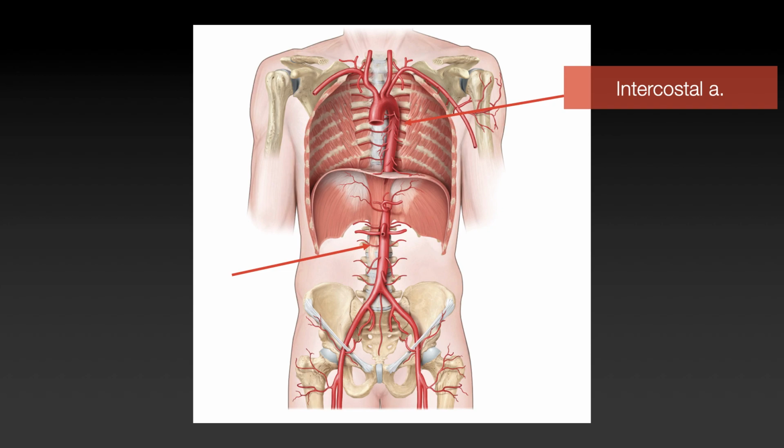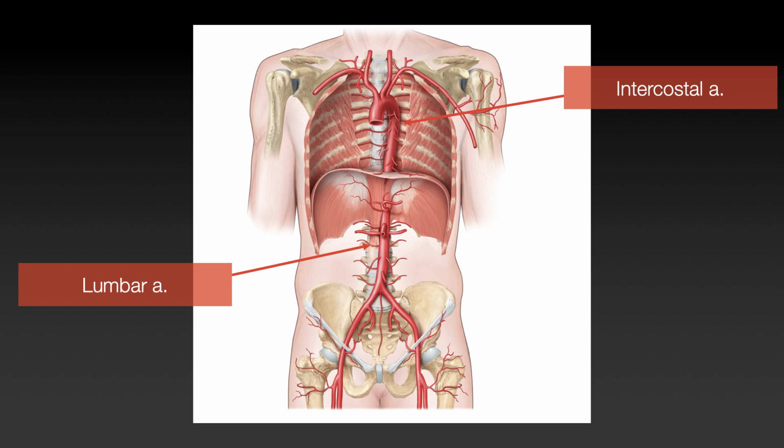Now, ribs are only in the thoracic portion of the torso. Those muscles don't just stop when the ribs stop, they keep going all the way down to the sacrum. And these little offshoots, in a very similar manner to the intercostal arteries above, are the lumbar arteries. There aren't ribs to run along at this level.